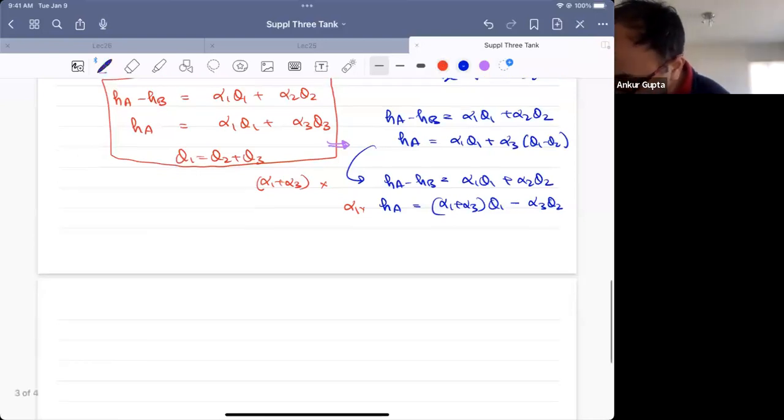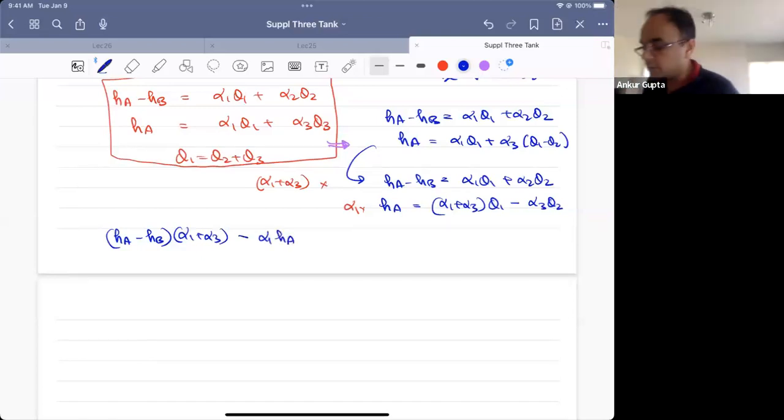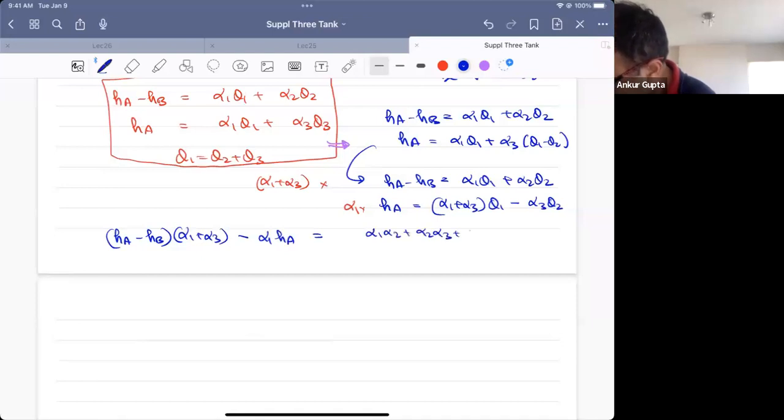I get HA minus HB into alpha 1 plus alpha 3 on the left hand side. You can do this yourself a little slowly if you're not as comfortable with doing this quickly. It's not too bad, I'm just linearly solving the equation. And then here I get alpha 1 alpha 2 plus alpha 2 alpha 3 plus alpha 1 alpha 3, times Q2.